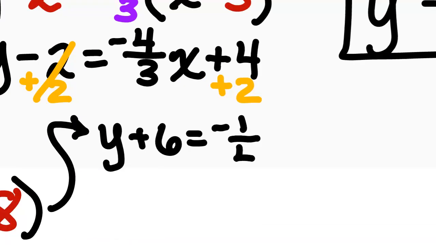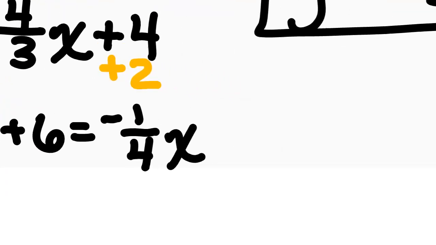So I'll have negative 1/4 x, negative 1/4 times negative 8. Negative times negative will give me what? Positive. So this is going to be a plus something. What is negative 1/4 times negative 8? 2, absolutely.